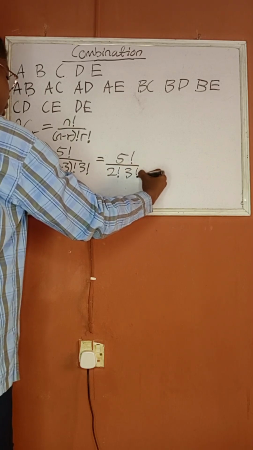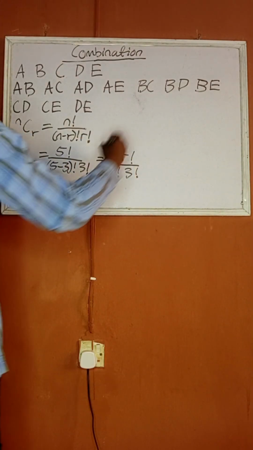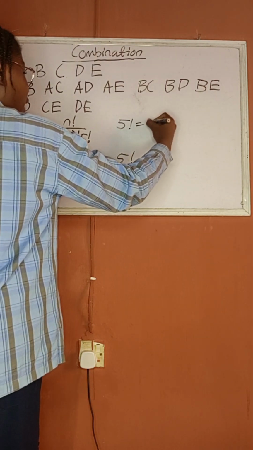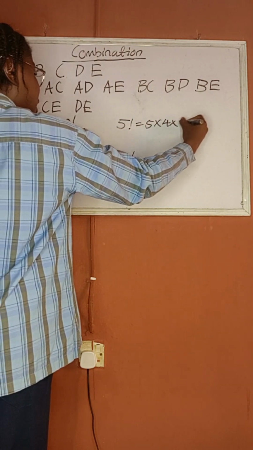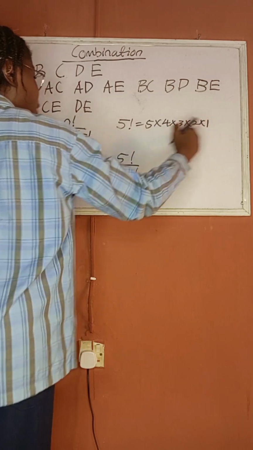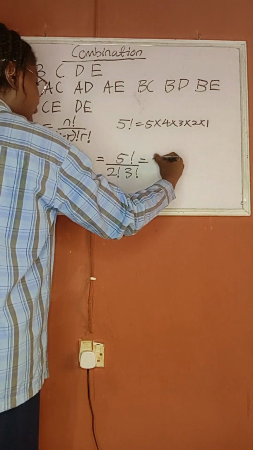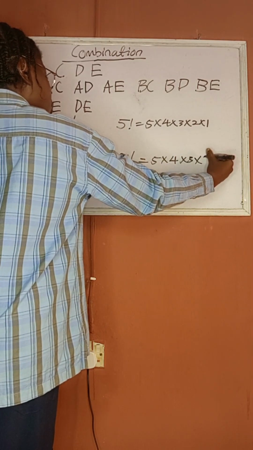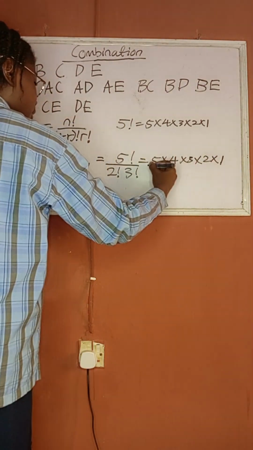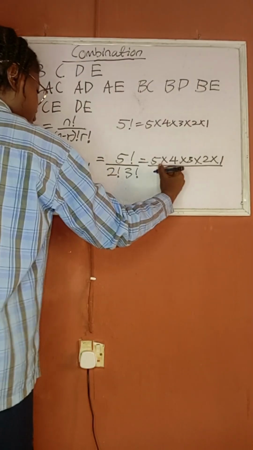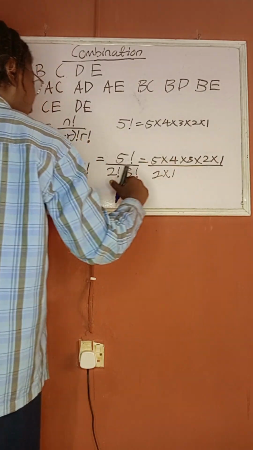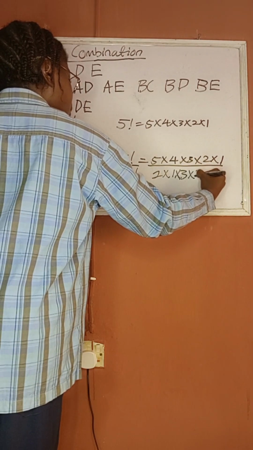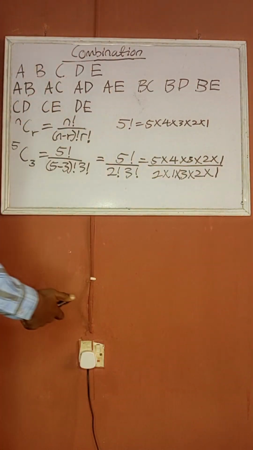factorial 3. So one thing you should know is factorial 5 is equal to 5 times 4 times 3 times 2 times 1. So that's what we're going to put here. That's going to be 5 times 4 times 3 times 2 times 1 all over factorial 2, which is 2 times 1, and factorial 3 is 3 times 2 times 1.